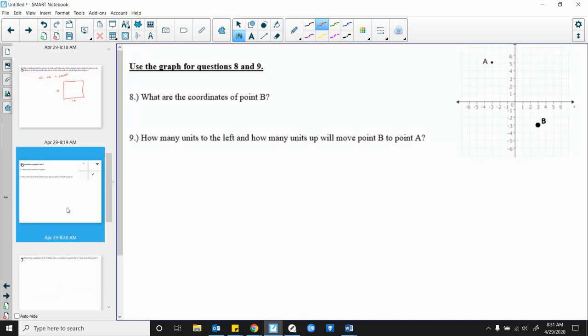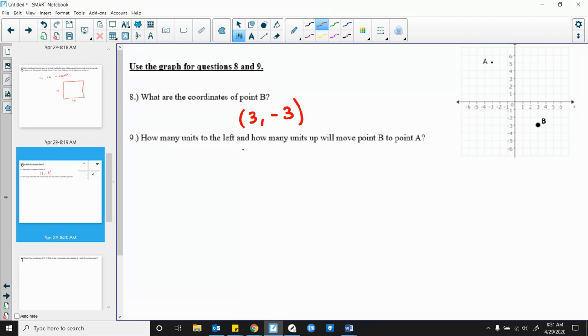All right. Moving on. The coordinate ones. What are the coordinates of point B? I had a couple people that couldn't see the coordinates of point B, so make sure that shows up on the quiz. But in this case, our coordinates are 3, -3 for point B. And then how many units to the left and how many units up will move point B to point A?